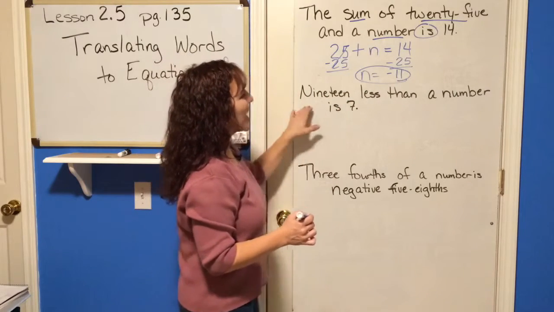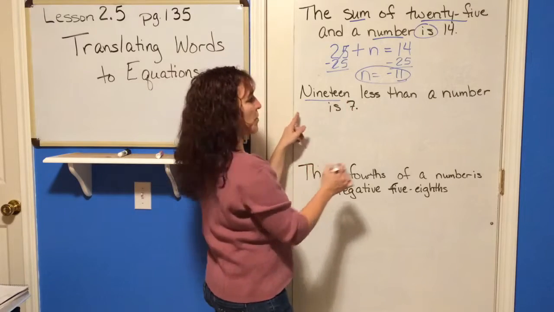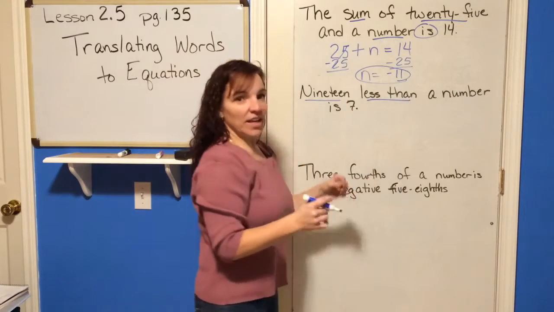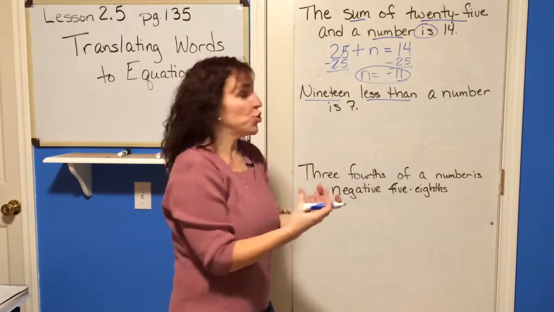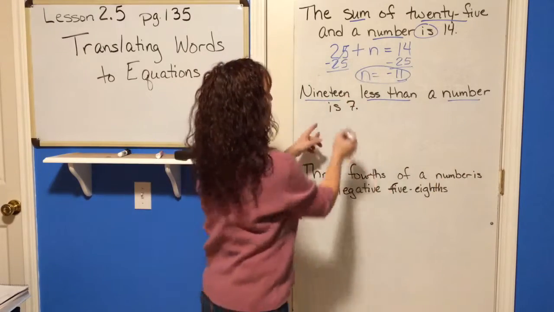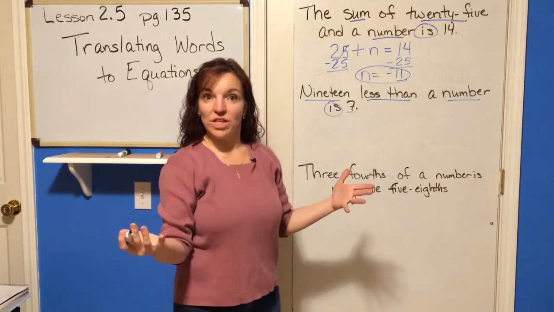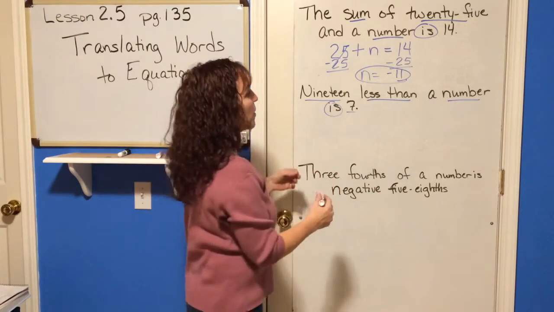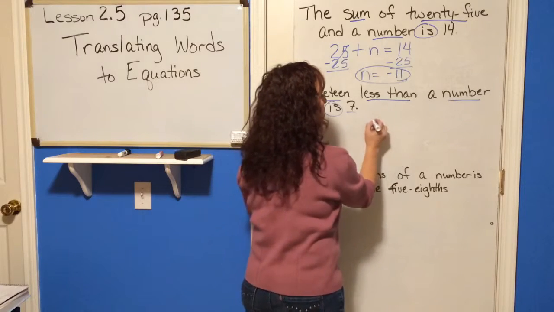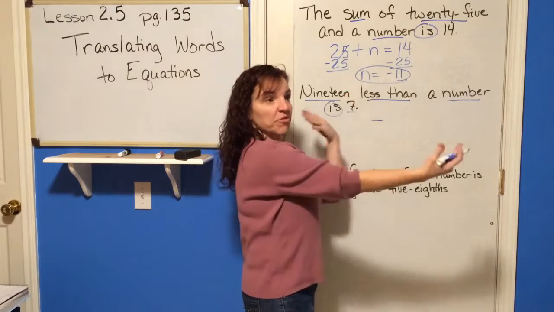All right, moving on. 19 less than a number is 7. So there's 19, your number. Less than tells you what you're going to do with the numbers. A number is your variable. Is, there's your equal sign, and 7, that's another number. So let's put it together and make it into a math problem. Less than is going to be subtract. And remember, less than flip-flops.